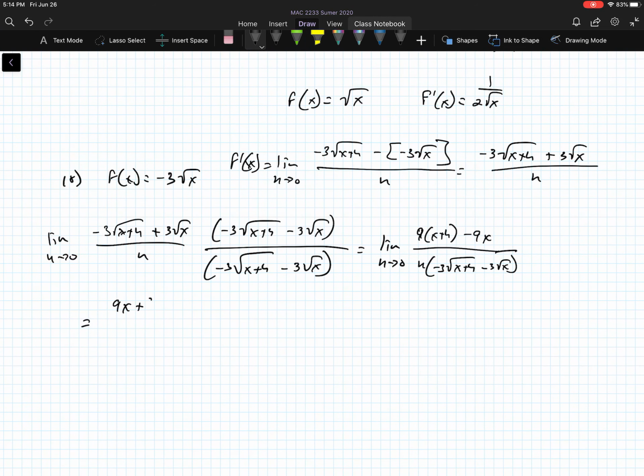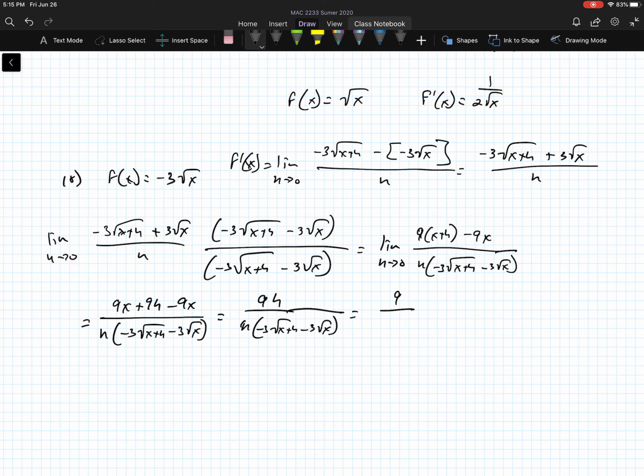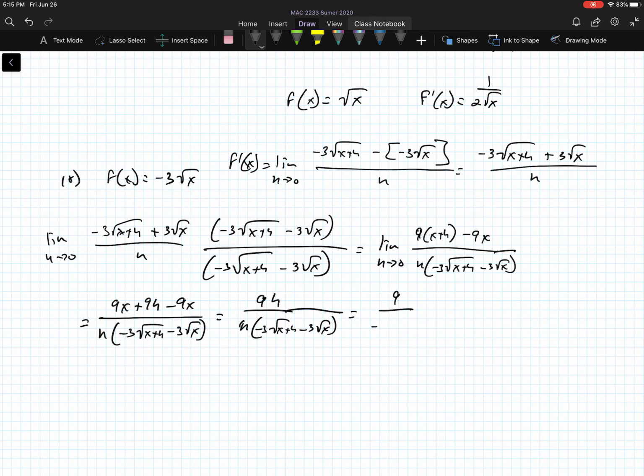And so I end up with 9x plus 9h minus 9x over h times negative 3 square root of x plus h minus 3 square root of x, which is 9h over h times negative 3 square root of x plus h minus 3 square root of x. And so the h's are going to cancel each other out. I can also take out a negative 3 here.